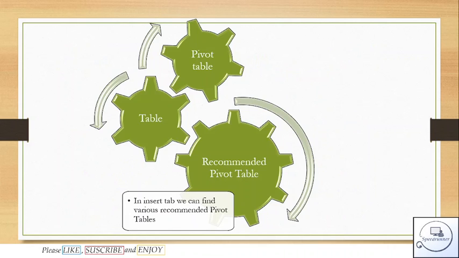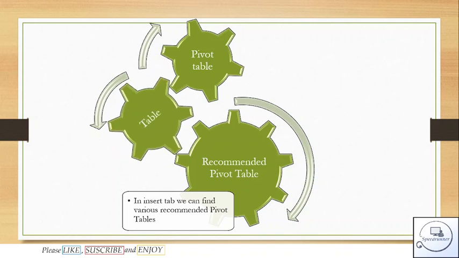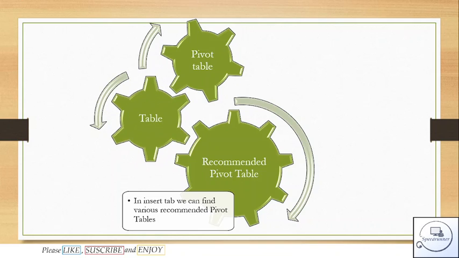So, if you want to build a pivot table, the first and foremost thing which is necessary is the table. Under the table, we have recommended pivot table and pivot table. Recommended pivot table analyzes data in your table and adds a pivot table or recommends options.